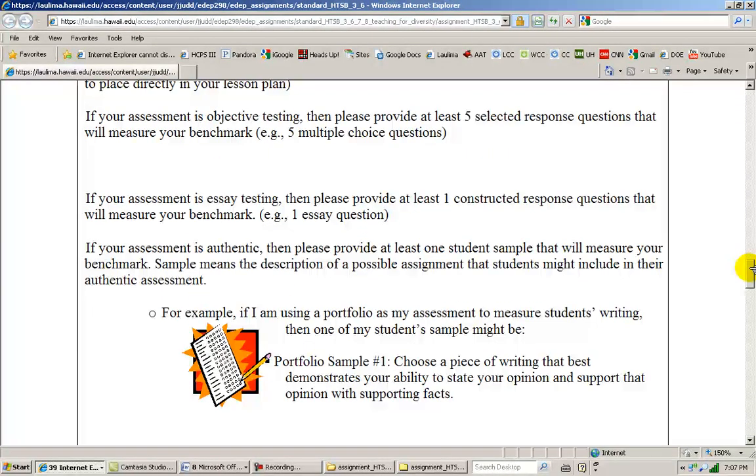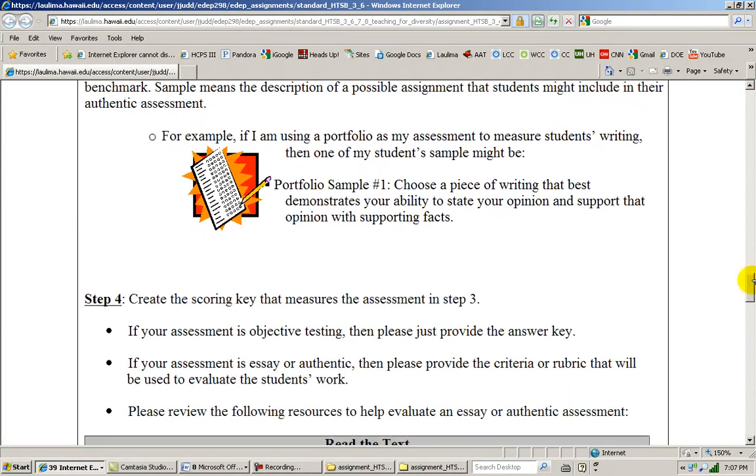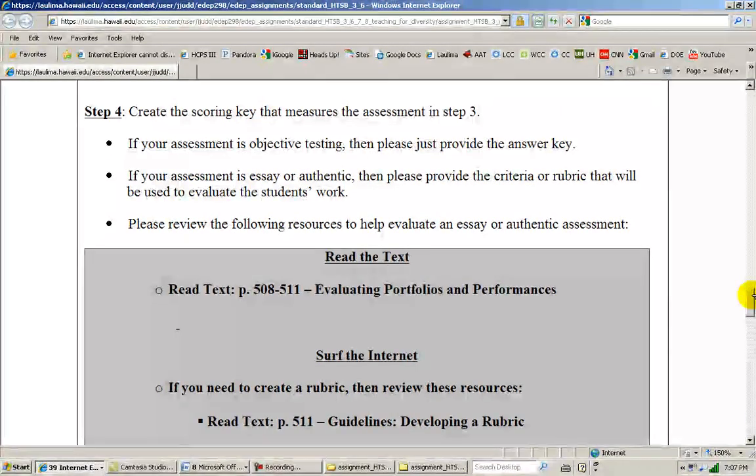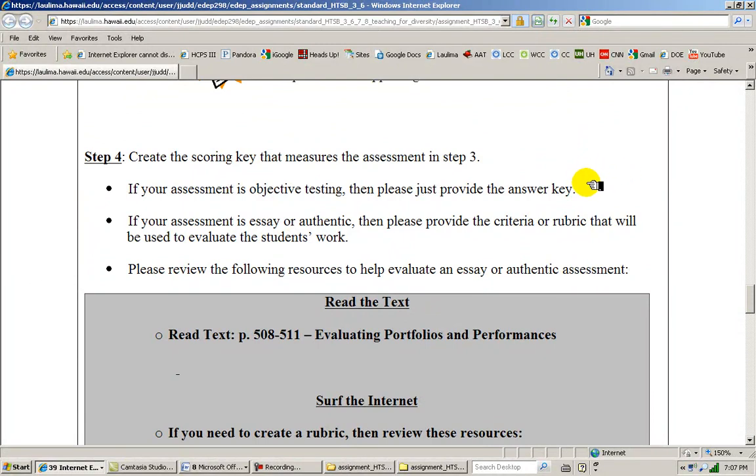So you'd want to maybe choose 5 selected response questions. If you're doing an essay, 1 constructed response question, and portfolio and so on, so that we can get an idea of what you're looking at. And then you also want to provide the answer key.